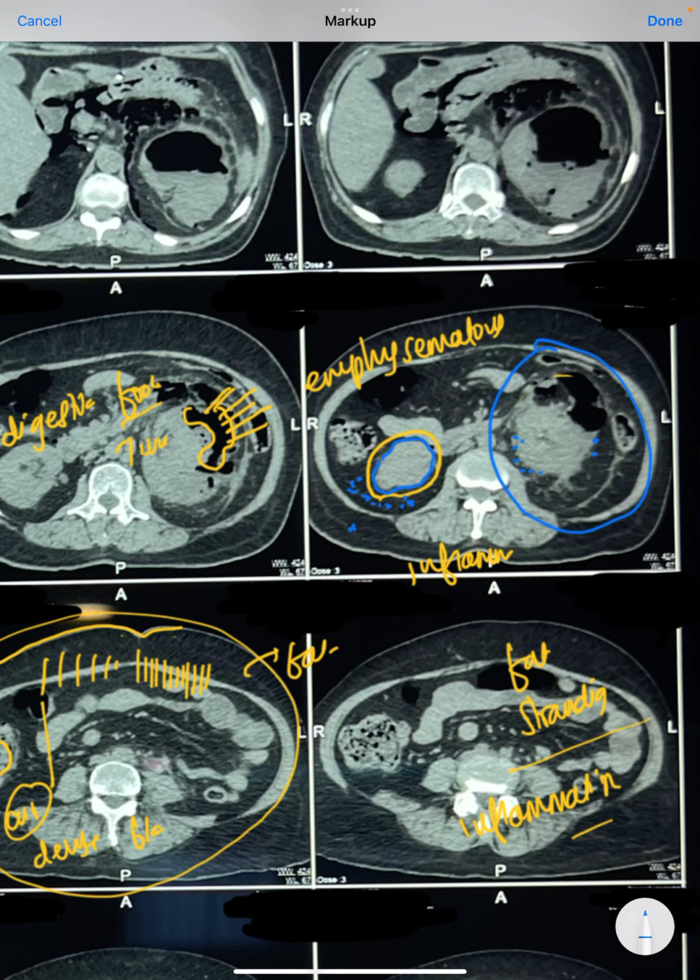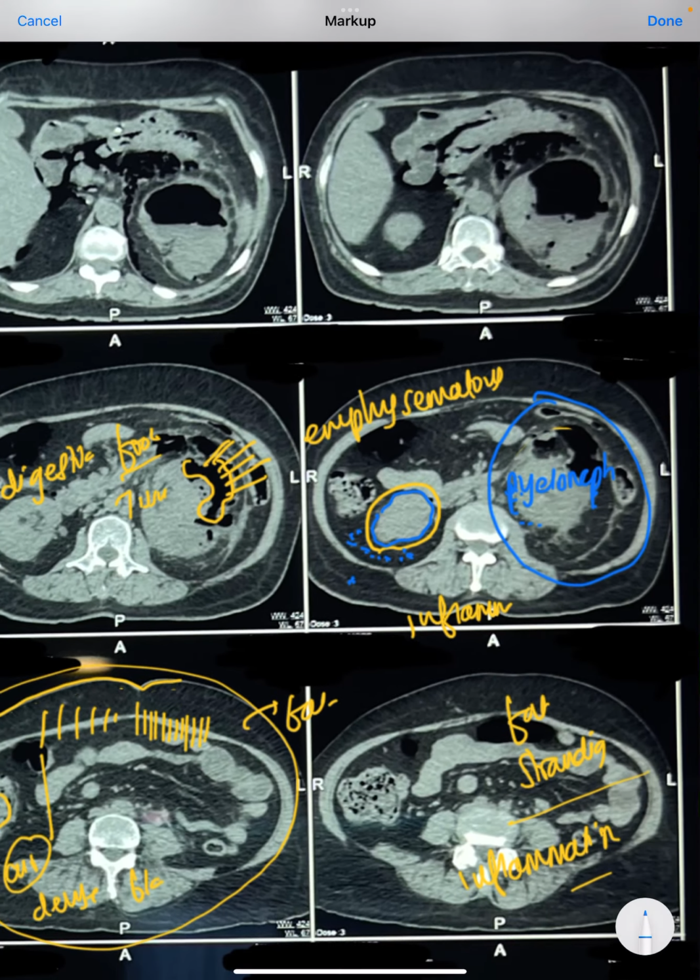So active infection of the kidney is as good as simple pyelonephritis. So pyelonephritis is kidney damage, which is very commonly associated with accumulation of pus around and presence of gas.